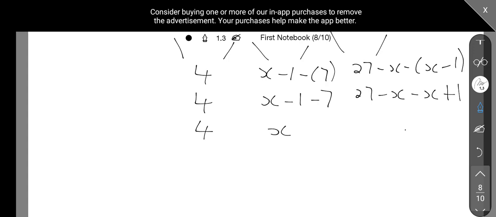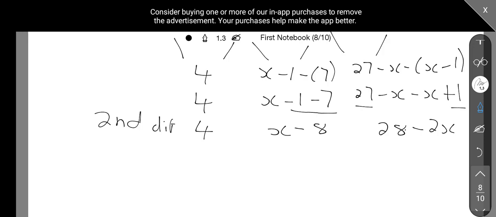We can add like terms, -1 minus 7 is -8, and here 27 plus 1 is 28, and negative x minus x is -2x. And these are the second differences.